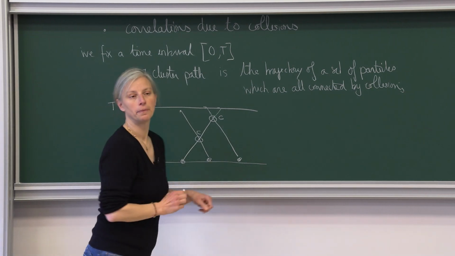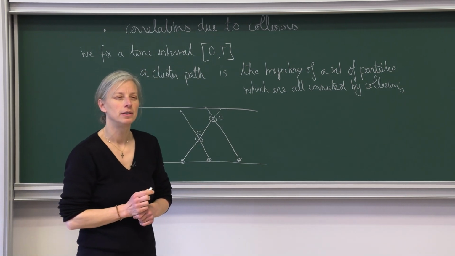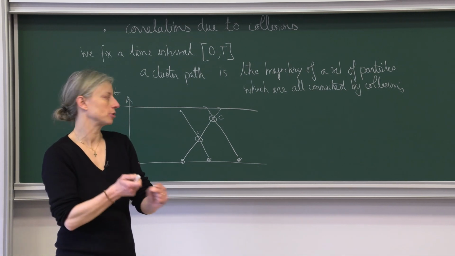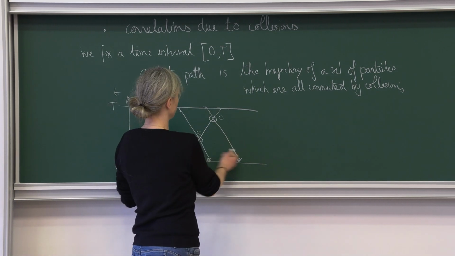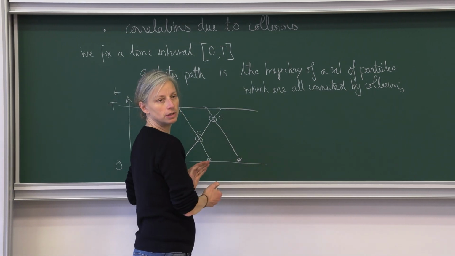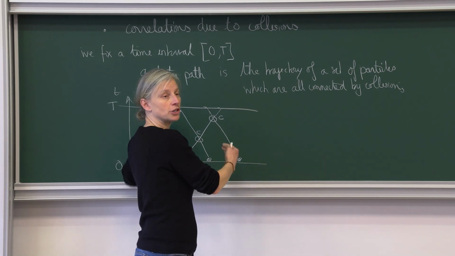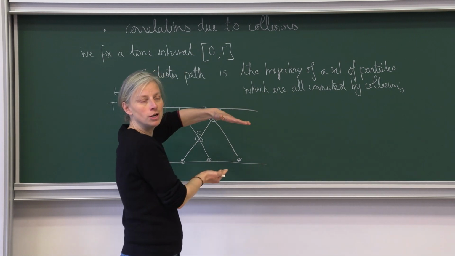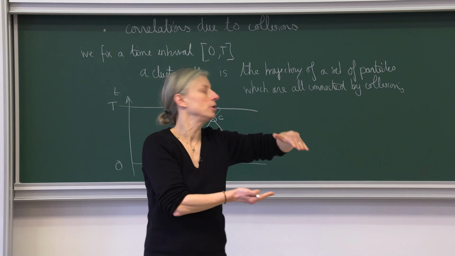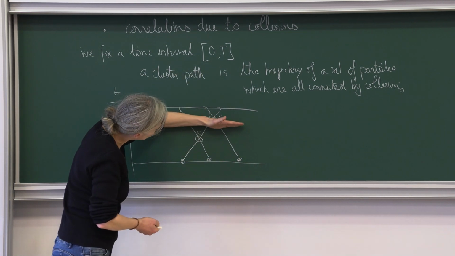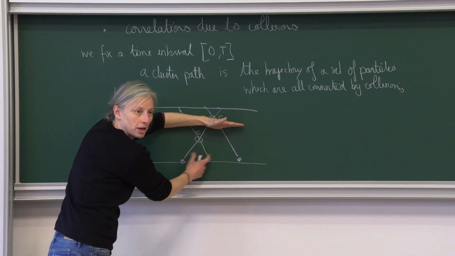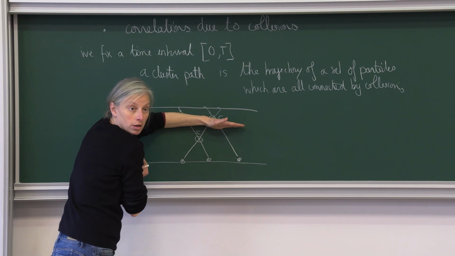You consider the connected cluster path? Yes, a cluster path is a trajectory of particles, a set of particles which are all connected. Of course, if I change the time interval, probably the cluster path will be different. For instance, if I look at this time interval, this will be in the same cluster path, and this will be in another one.